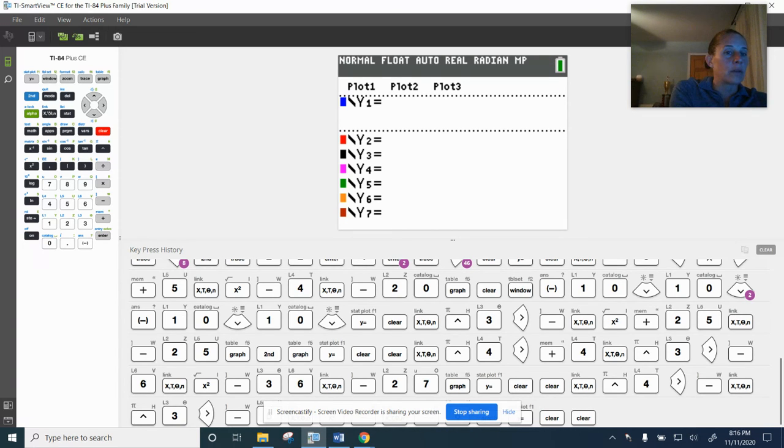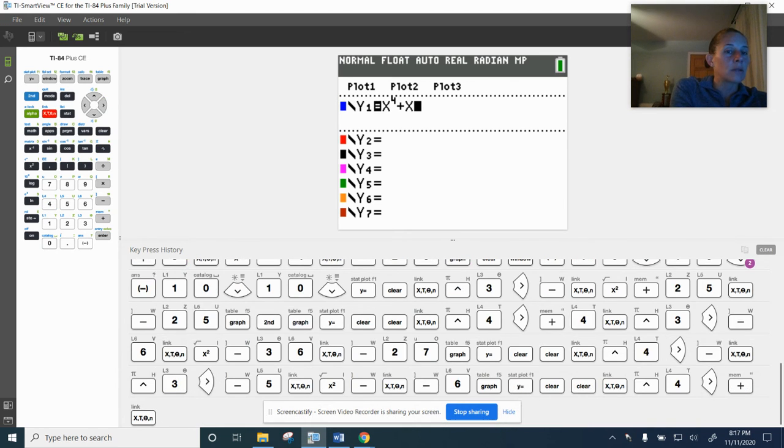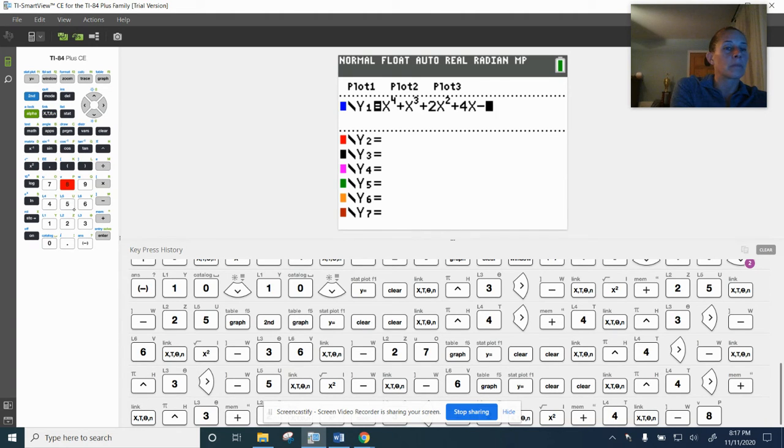Then we type in x raised to 4 plus x raised to 3 plus 2x, oops, I hate when that happens. x raised to 3 plus 2x squared plus 4x and minus 8.